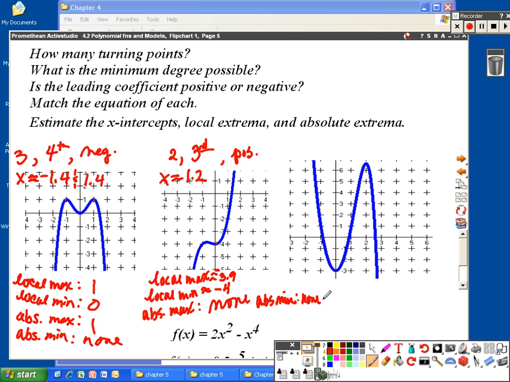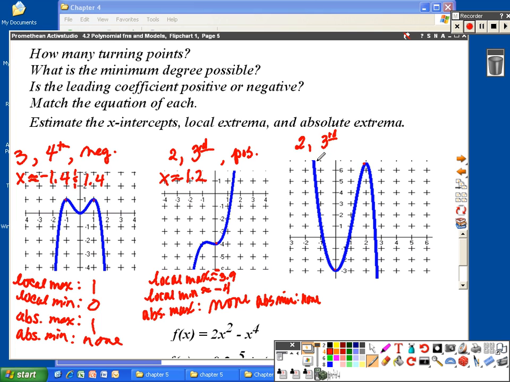In this graph, I have 1, 2 turning points. Maximum degree could be cubic. Leading coefficient.